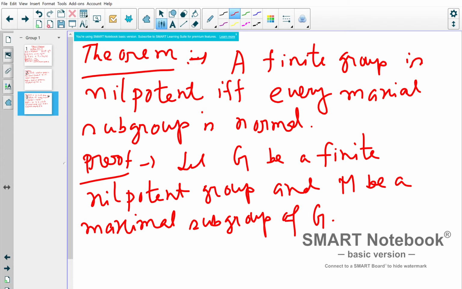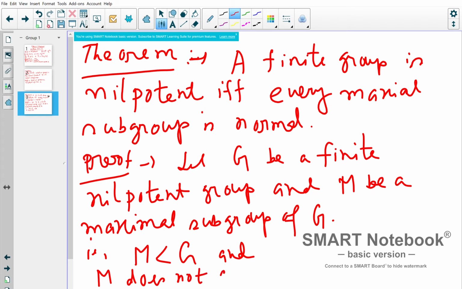So one of the properties of nilpotent groups tells you that... see, M is a proper subgroup of G and M is not contained in any other proper subgroup of G, right?